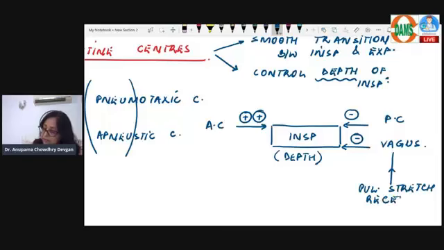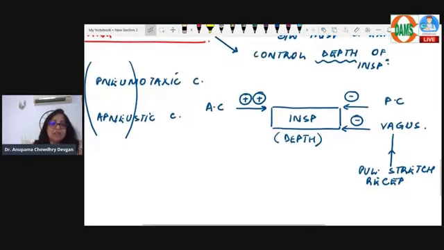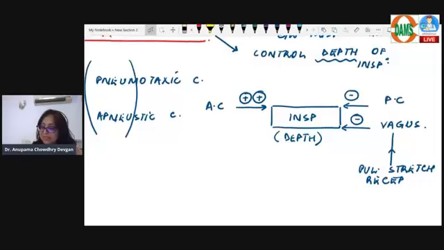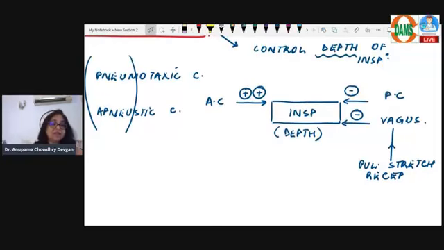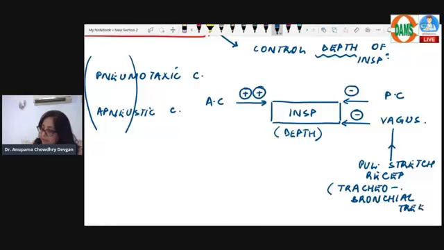Whenever the pulmonary stretch receptors are excited, they send impulses via the vagus, and the vagus will decrease the depth of inspiration. And where are these pulmonary stretch receptors located? They are in the tracheobronchial tree, right?